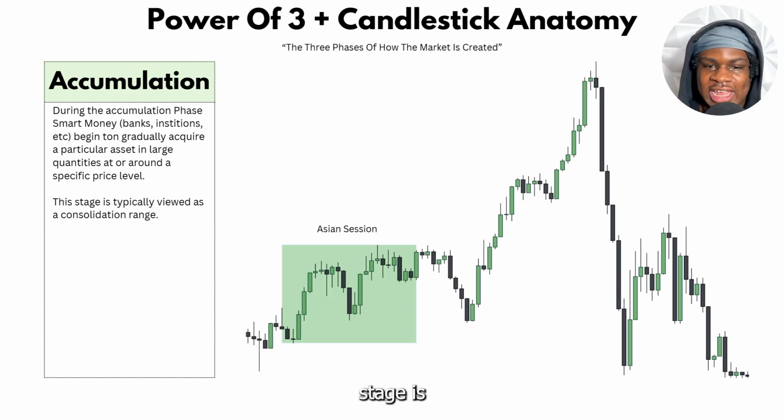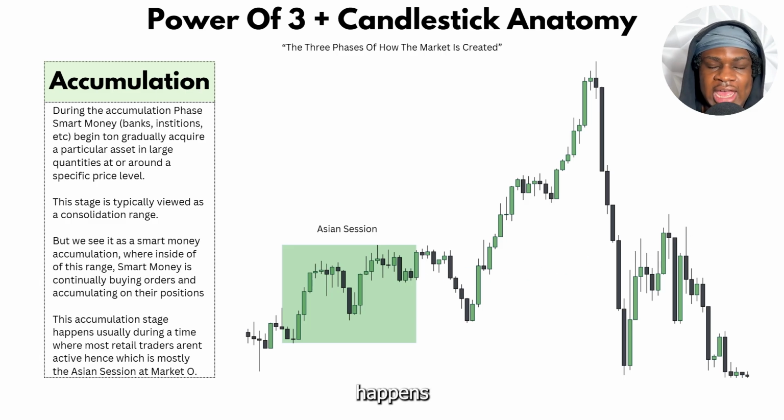And this stage is typically viewed as a consolidation range. As most people see this as a consolidation going back and forth, we see it as smart money accumulating their positions, continuously buying and buying shares or positions into their stock. So this accumulation phase happens during a particular time where most retail traders typically aren't on the charts, which is effectively during the Asia session.